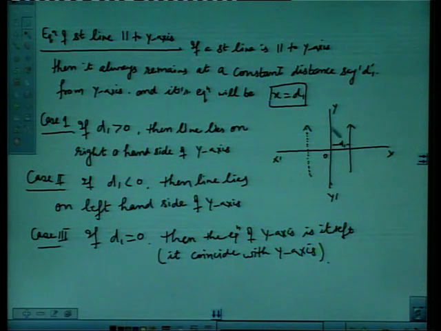Means if d equal to 0, then this is the straight line. Then it coincides with the y axis and the straight line will be here.